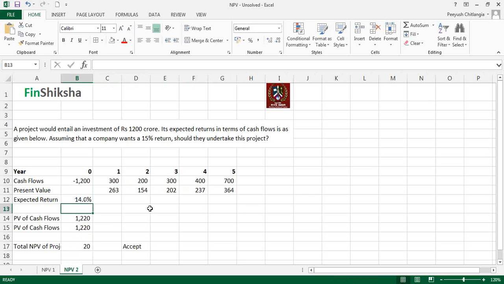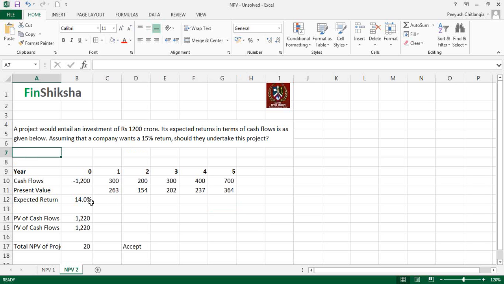Now this brings us to an interesting point. I will write down the question here: what is the rate of funds or cost of funds below which I should be able to accept the project, and above which I will not be able to accept the project?